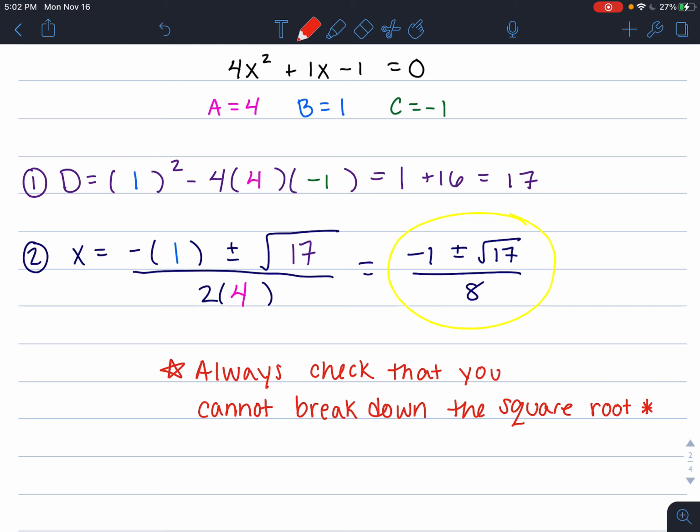Right, so that means that you can't pull out any perfect squares. And we're going to leave the negative 1 plus or minus square root of 17 all over 8 as our final answer because we can't do anything with that, right? We could write it as 2 separate fractions, negative 1 plus the square root of 17 all over 8 and negative 1 minus the square root of 17 all over 8. But that's as far as we can go because we can't actually combine the numbers in the top, so we're not even going to worry about it.